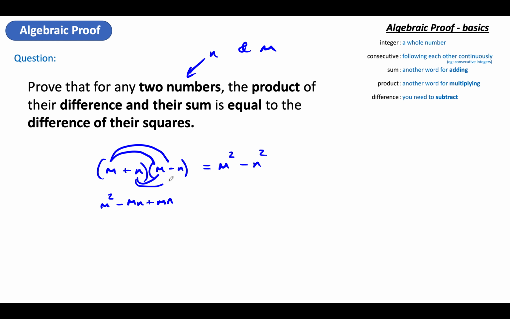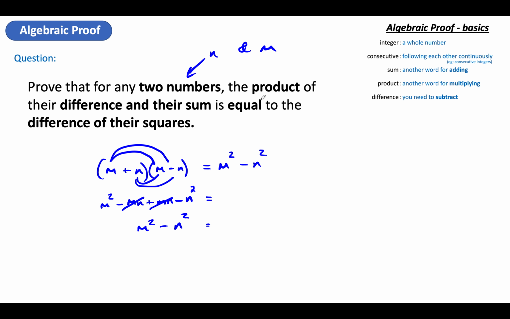And lasts, n times negative n is negative n squared. Well, does this equal this? Well, look, yes, because you've got positive mn, negative mn, they cancel out, which just leaves m squared, take away n squared, which is, of course, equal to that because it's the same thing.